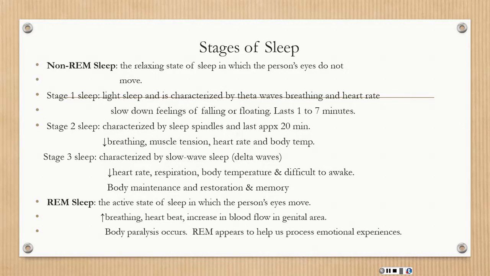4. The other type of sleep is REM sleep, rapid eye movement sleep, which is a very active state of sleep in which your eyes move back and forward.